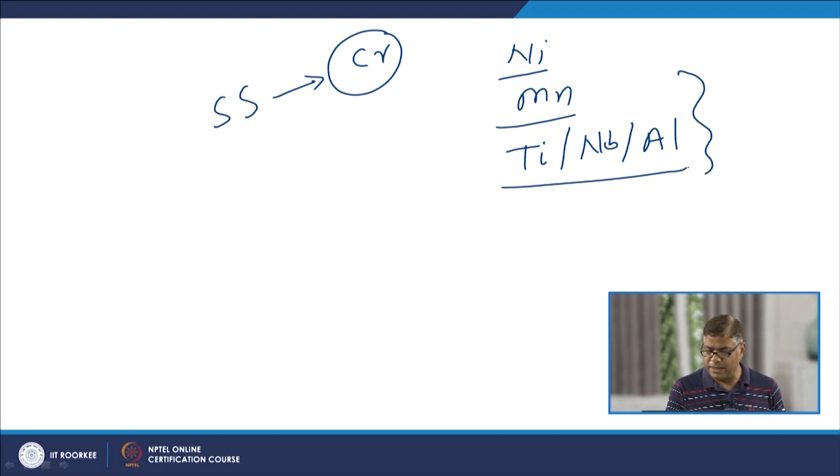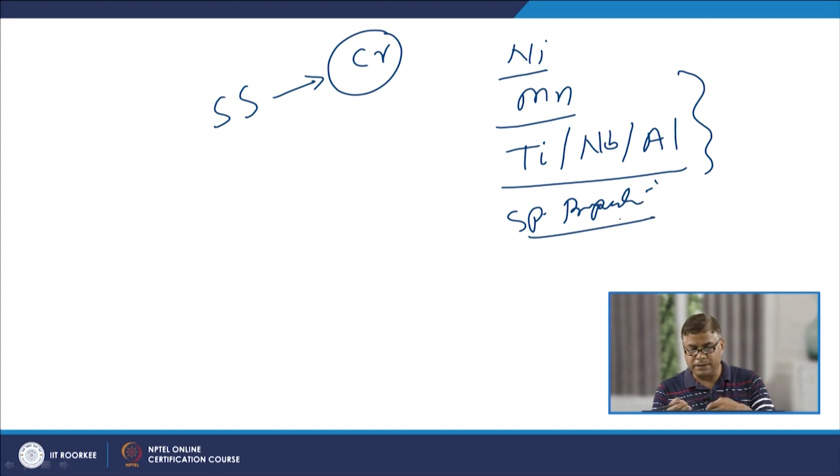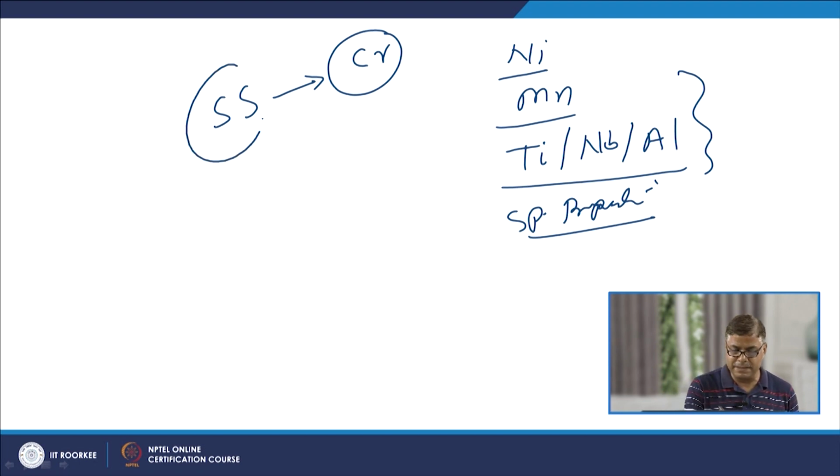These additions are made to realize a specific set of properties in the steel, so that the suitable purpose using that type of steel can be realized. So, in order to impart a specific set of properties to the stainless steel, certain controlled alloying is done.